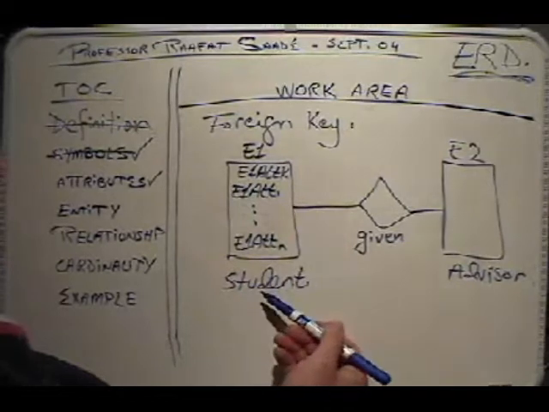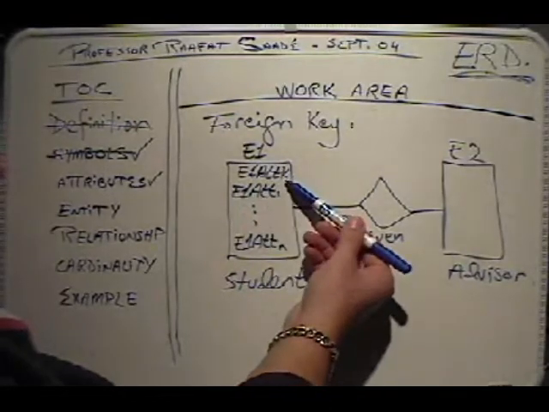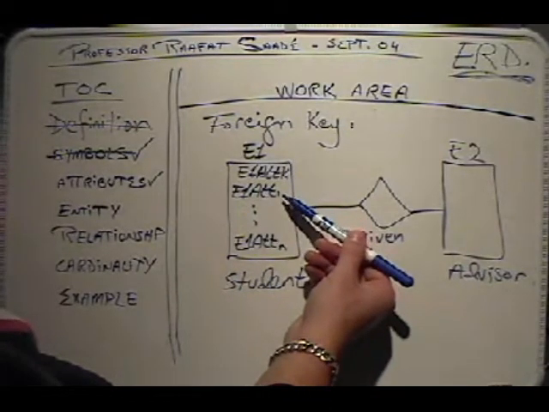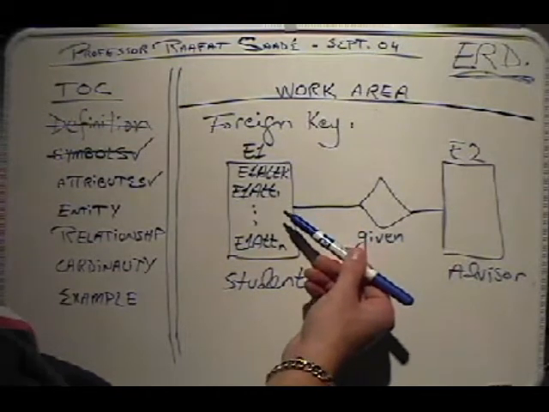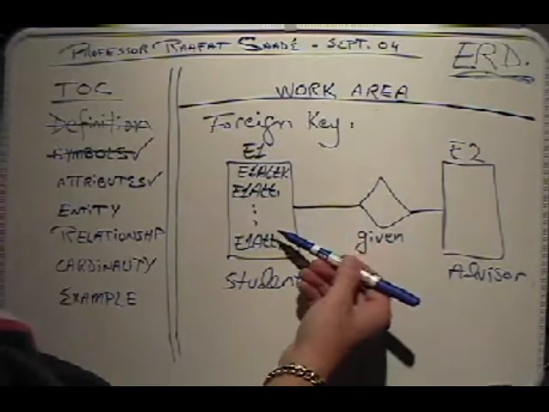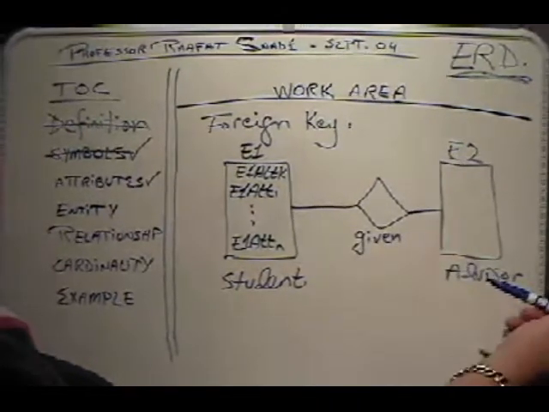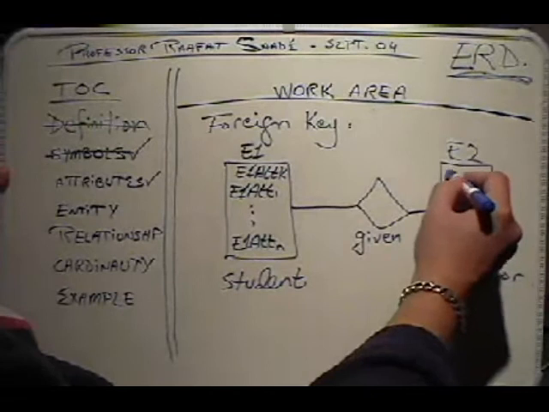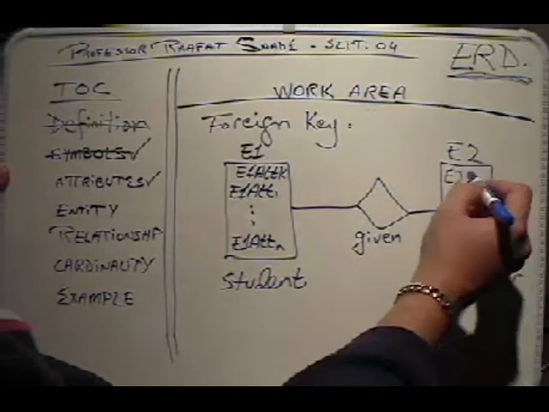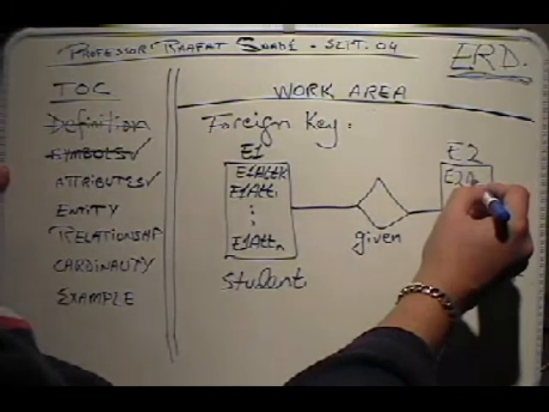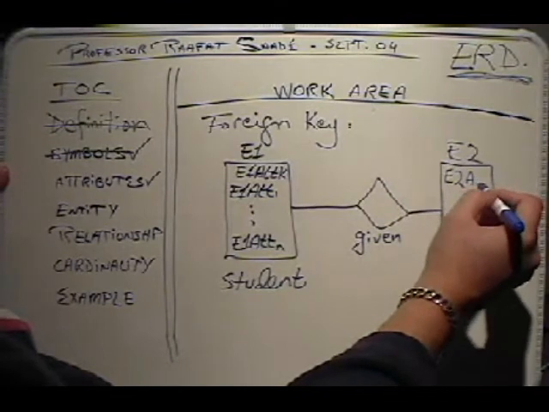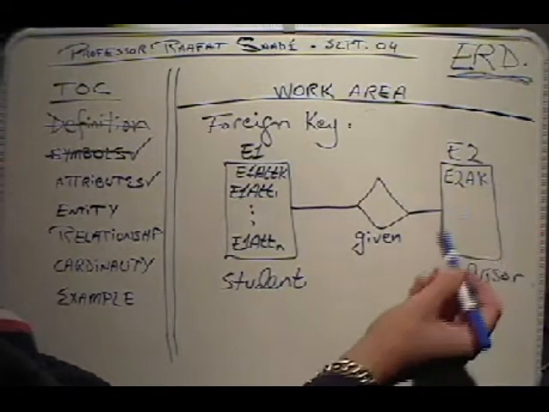These attributes for a student could be, of course, student ID, student name or student first name, student last name, student middle name, student maiden name, student gender, student address, and so on and so forth. Same thing for advisor. We have entity 2 attribute key. Now, don't get confused.